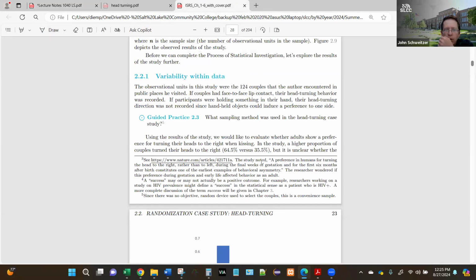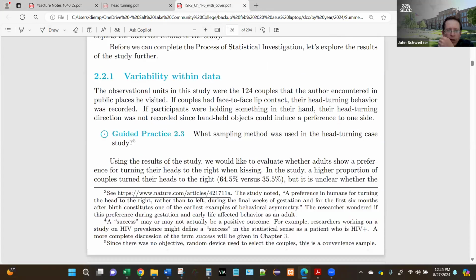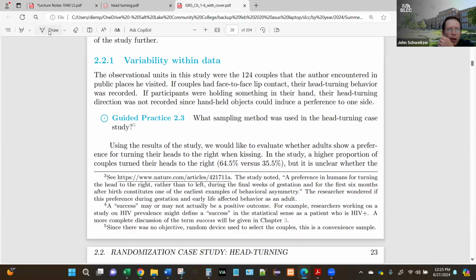If you look on page 22 of our textbook, there is a link to an article that appeared in the journal Nature. If you follow science news, or read science journalism, it's very likely you've heard of this journal before.